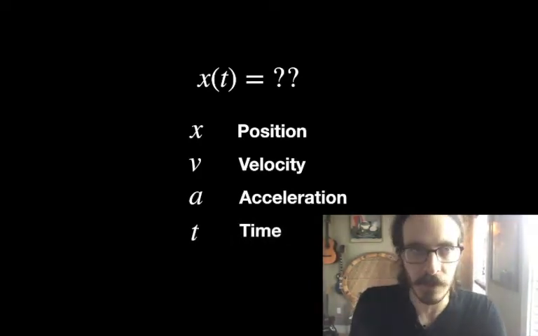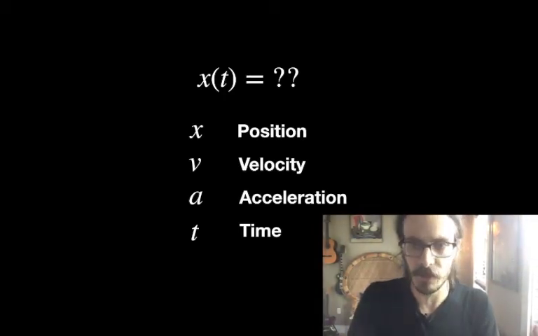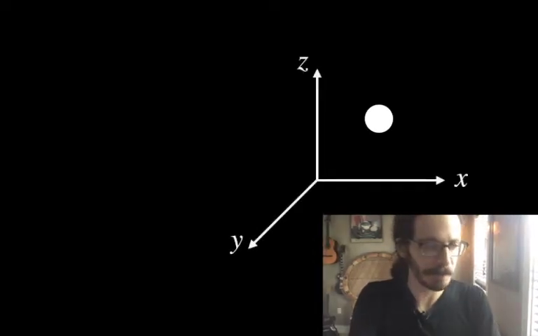So first, we know what position is really, but we're going to formalize it and talk about what exactly we mean by position. If we take an object in the real world, we need 3 coordinates to describe its position, because we have 3 degrees of freedom. Of course we can move up and down, left and right, forward and backward.